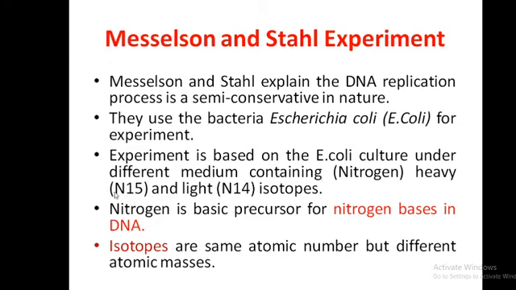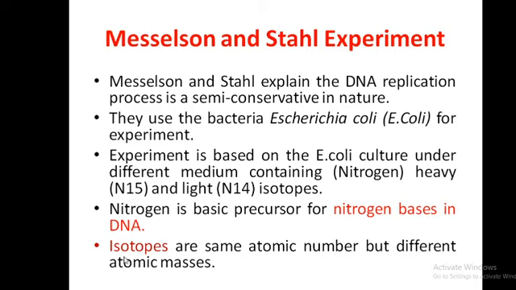The heavy isotope is N15 and the light isotope is N14. Nitrogen is a basic precursor for the nitrogen bases in DNA. Without nitrogen there is no synthesis of nitrogen bases, and without nitrogen bases there is no synthesis of nucleotides, and nucleotides are the basic precursors for DNA.